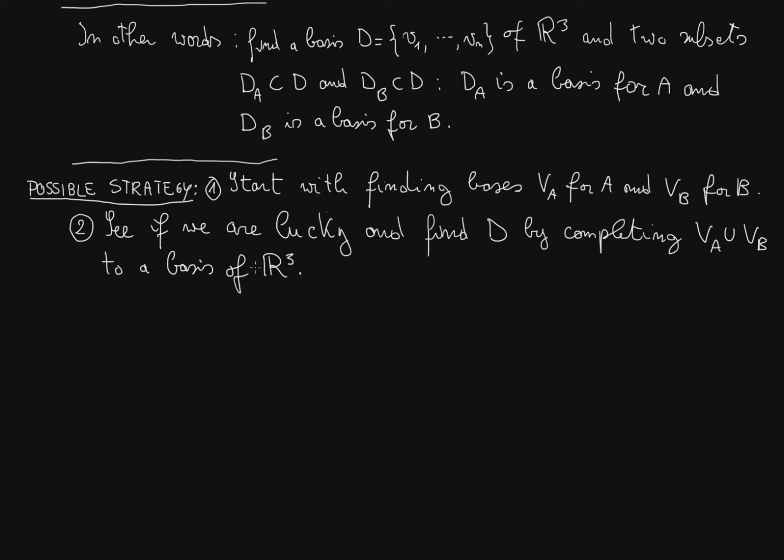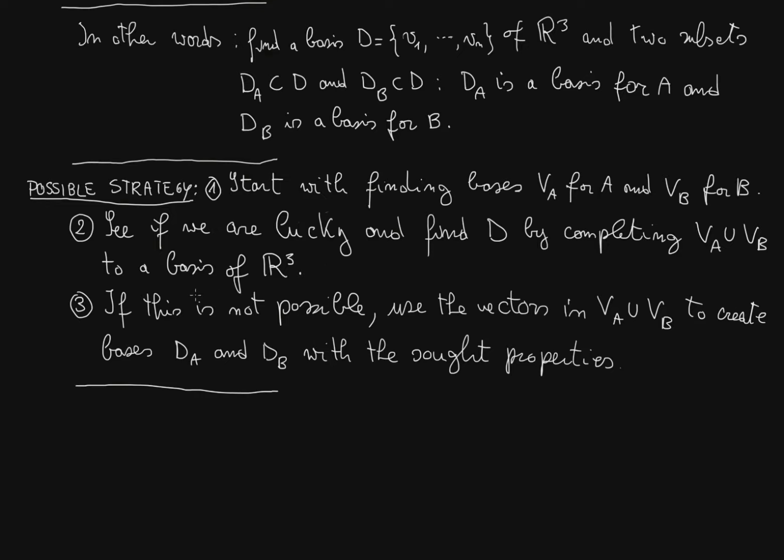Okay, so if we are lucky, we are done. If we are not lucky, so we are not able to find a completion of VA union VB because, we don't know yet but we have to check, possibly we cannot complete it to a basis of R3, then step number 3: use the vectors in the union VA union VB to create somehow bases dA and dB with the sought properties.